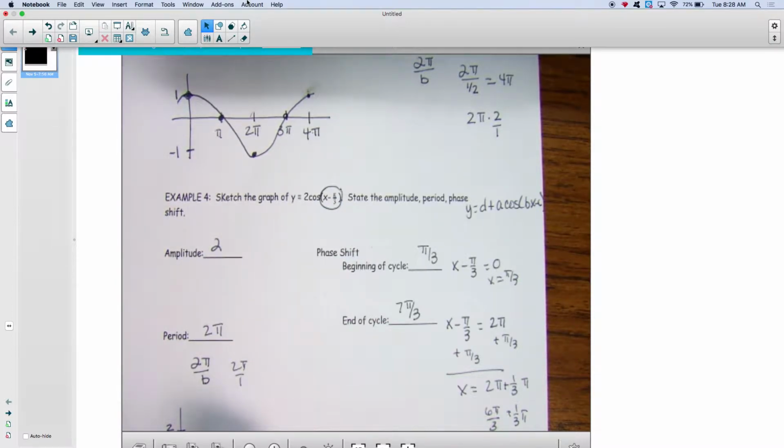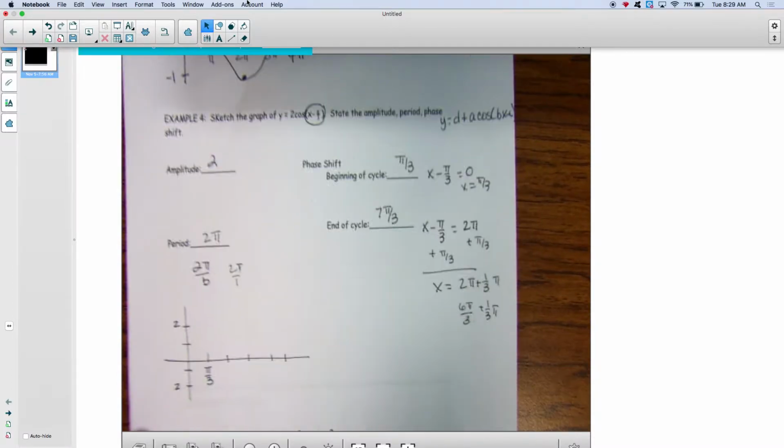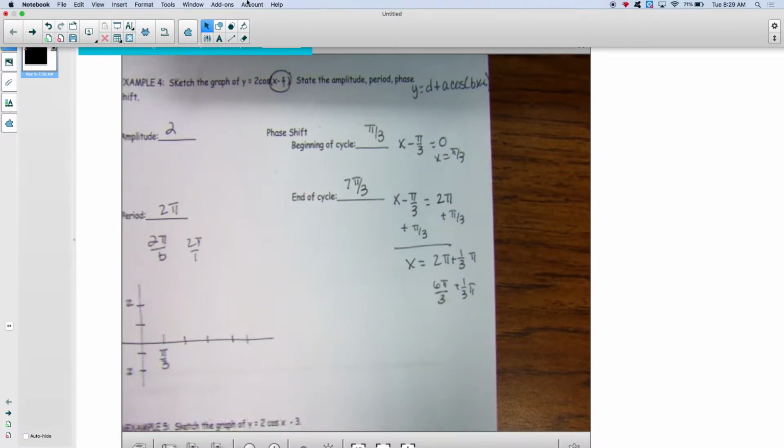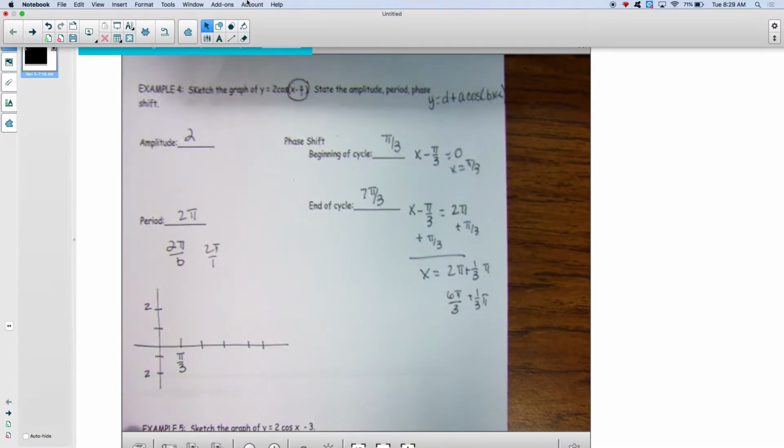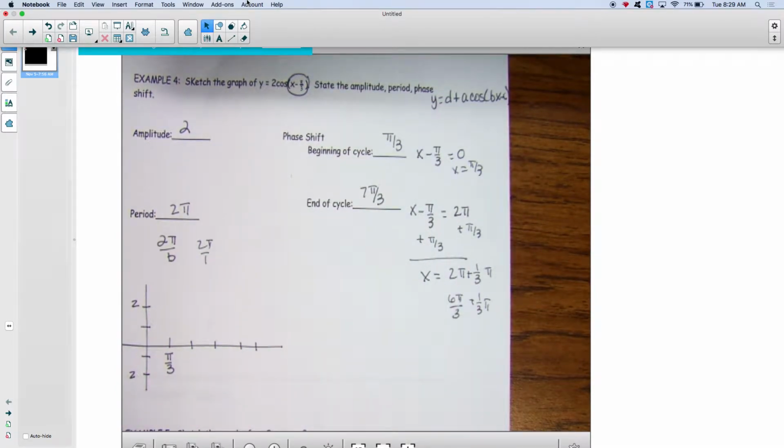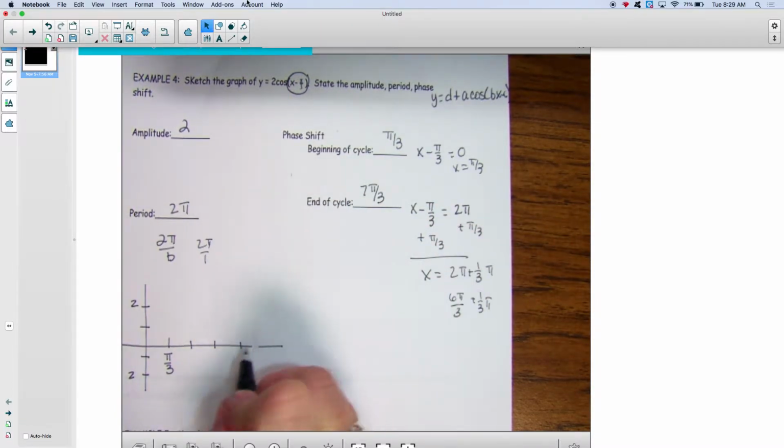And so where are we going to start? Pi over 3. Where are we going to end? We're going to end at 7 pi over 3.